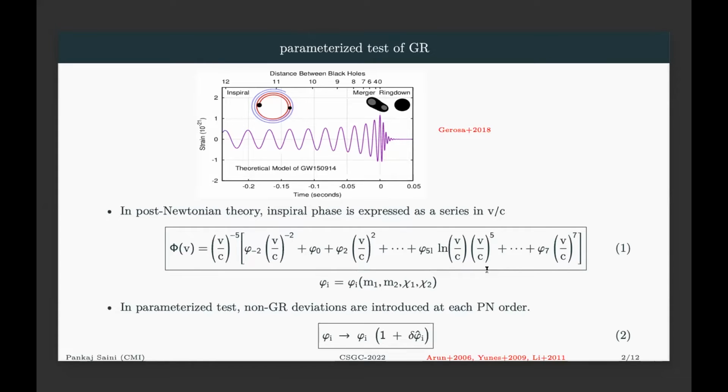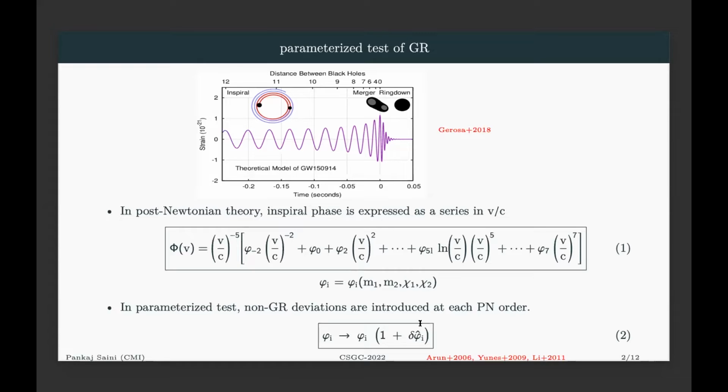In parameterized tests, we introduce these non-GR deviations as free parameters. These delta phi hat are the deviation coefficients, which are introduced as free parameters, and they capture the deviation from GR. The value of these deviation coefficients is constrained by the data. If GR is the correct theory of gravity, then the value of these deviation coefficients should be consistent with 0.